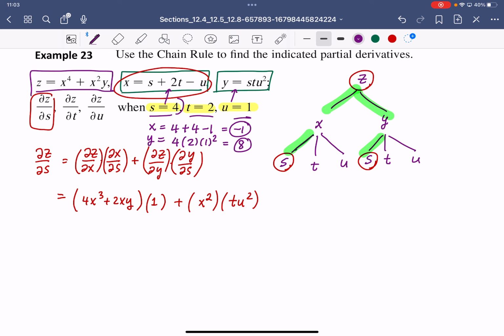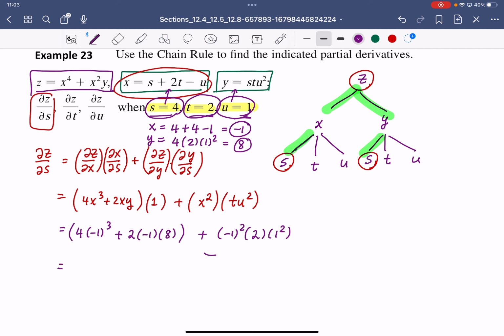So you plug in s equals 4, t equals 2, u equals 1, x equals negative 1, y equals 8. This is 4 times negative 1 cubed plus 2 times negative 1 times 8, and then plus negative 1 squared times t, which is 2, and u is 1 squared.